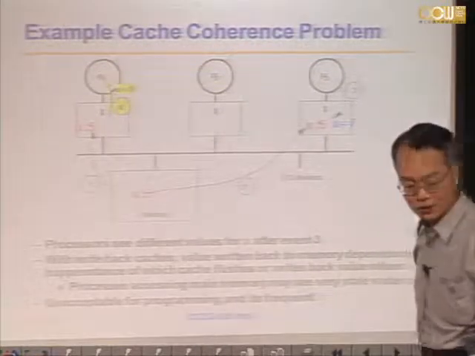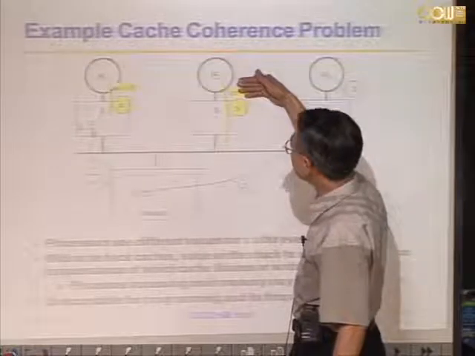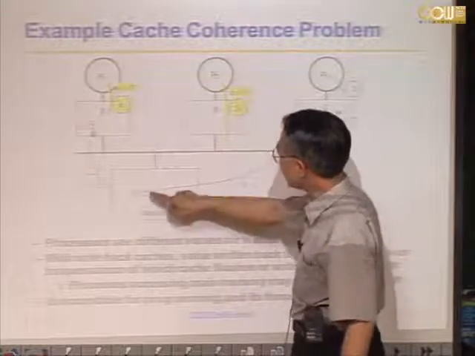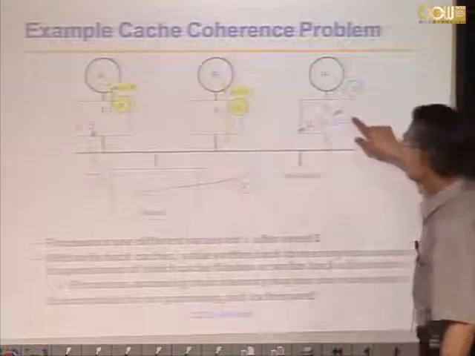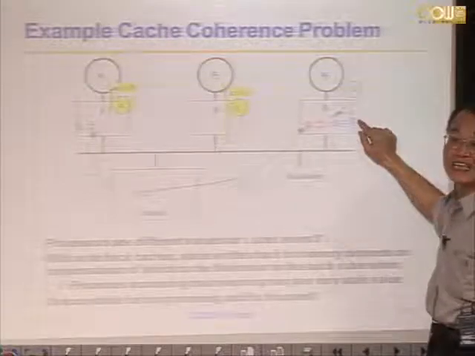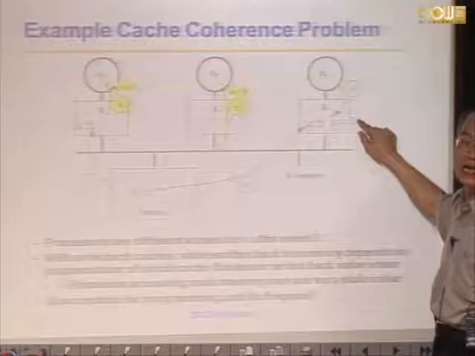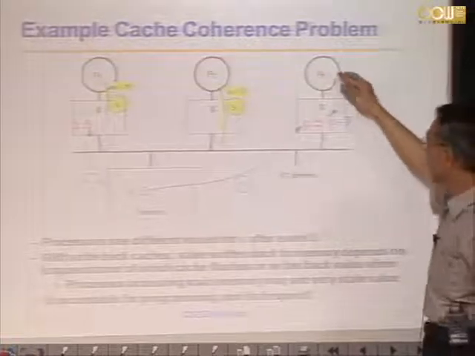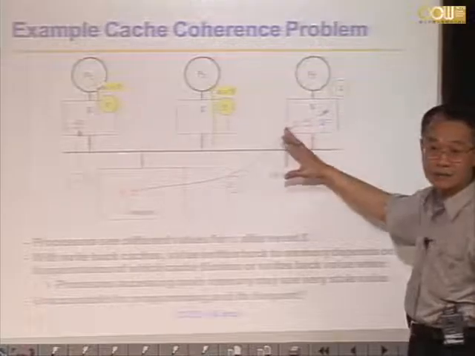Okay. How to handle things properly? If the other one also wants to first time use the U, does it get U from here? Or does it know U has got a new value? Okay, we need to take care of all these. The simplest way is to broadcast any change to everywhere.